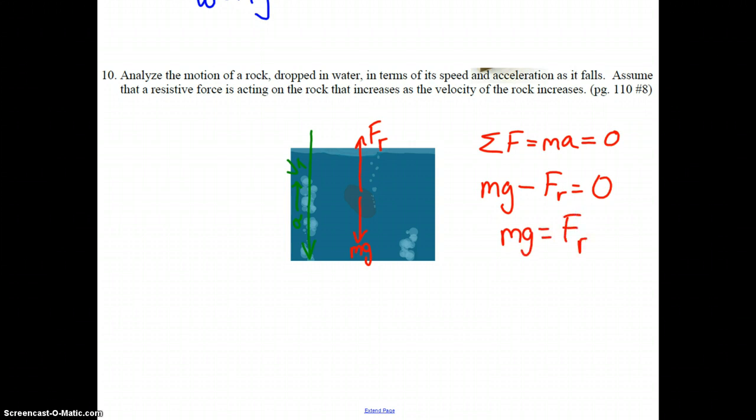So this shows that if the rock is traveling at terminal velocity, constant velocity that is, the weight and the resistive force have to be equal to each other. Okay, so I can't imagine that we could analyze the motion of this rock any more accurately and more thoroughly than that. Alrighty, more practice with Newton's second law problems in class tomorrow.